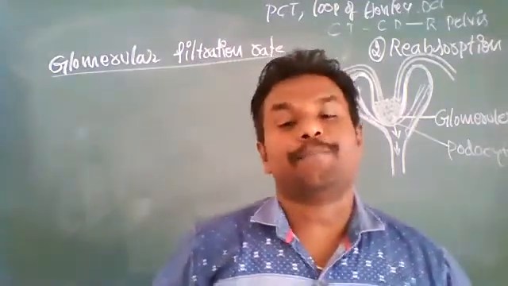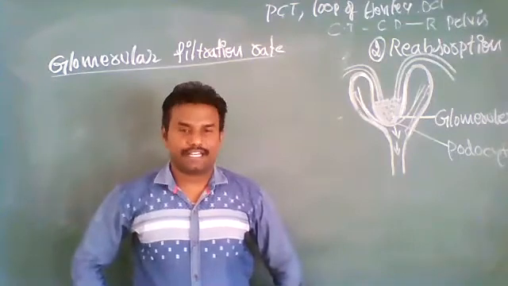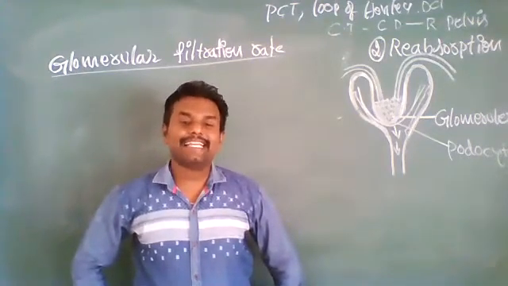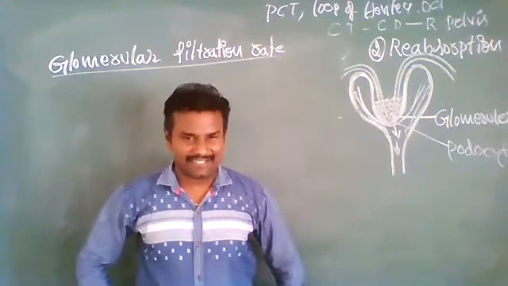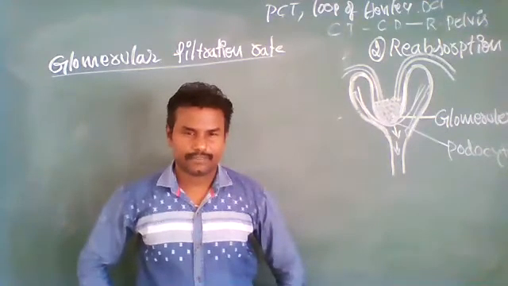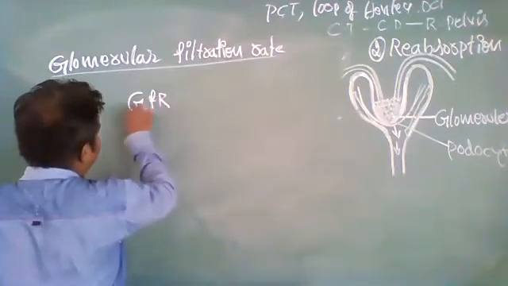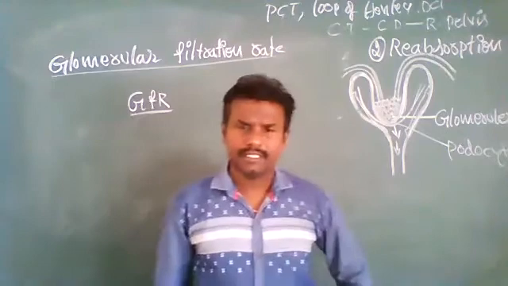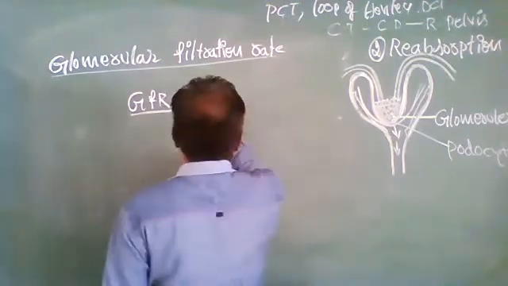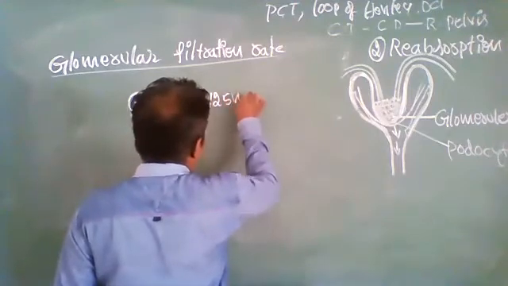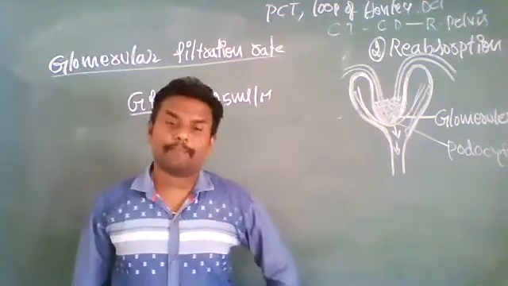The amount of the filtrate formed by the kidneys per minute is termed as glomerular filtration rate. Glomerular filtration rate in healthy individuals is approximately 125 ml per minute.